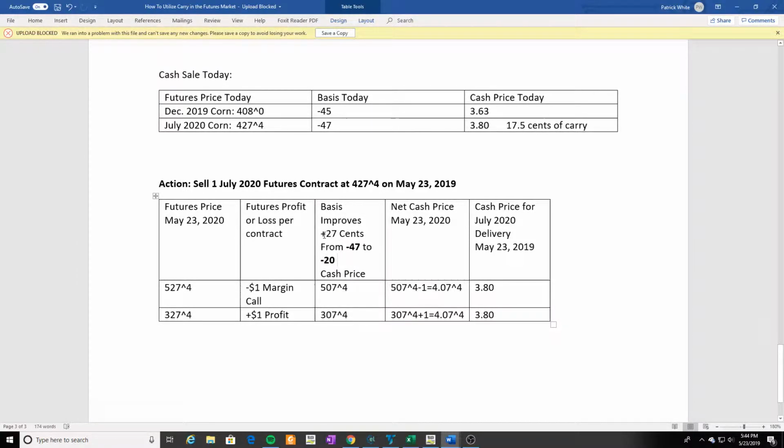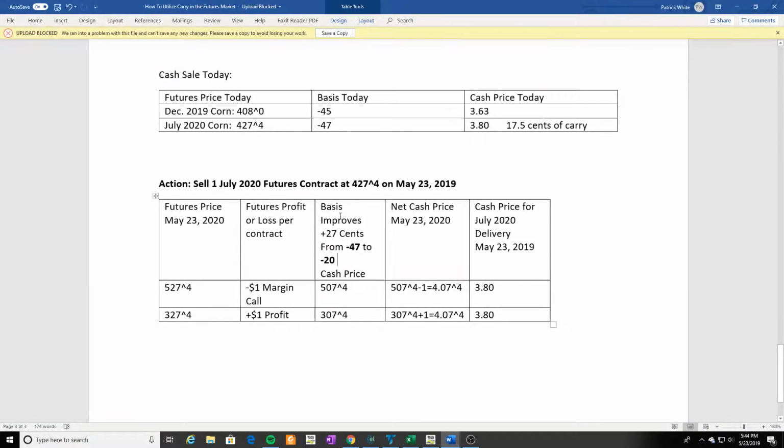That would be an improvement of 27 total cents, if that makes sense. So if the basis improved 27 cents, that means it got closer to the July 2020 futures price by 27 cents. And that's not realistic for at least Northwest Iowa at all. That's where we sit currently right now with July 2019 corn.